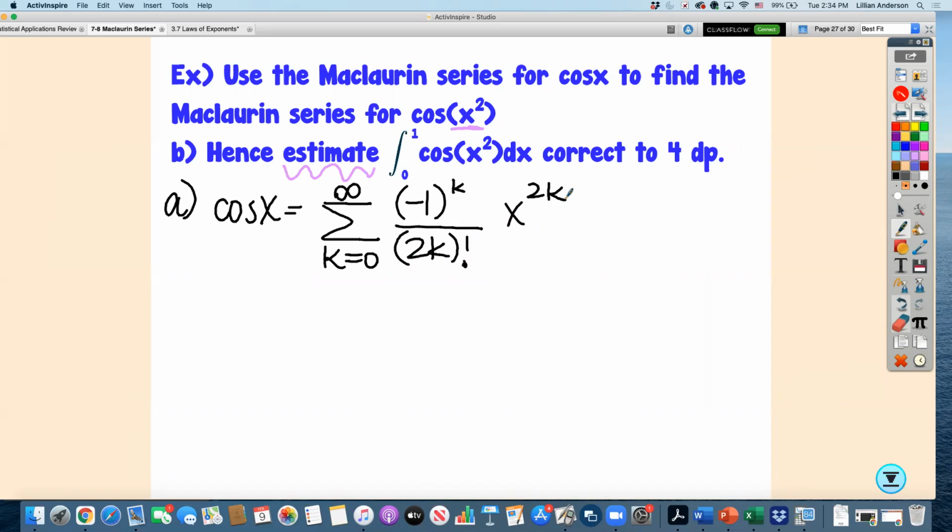Cool. All right, so then to find cosine of 2x, not 2x, sorry, x squared, I'm going to replace every x in the Maclaurin series for cosine x with an x squared.